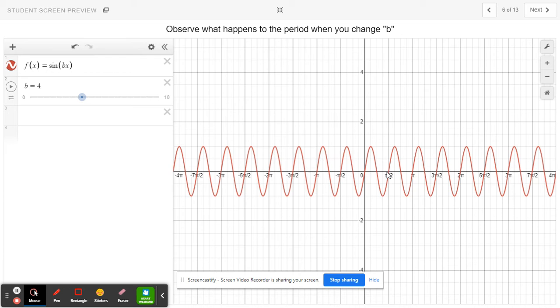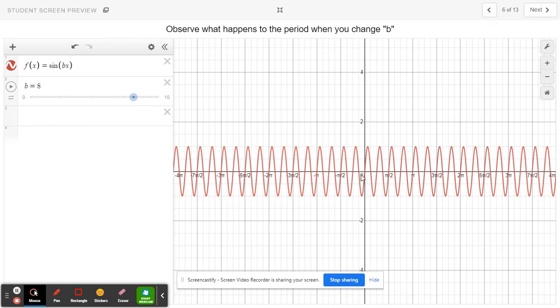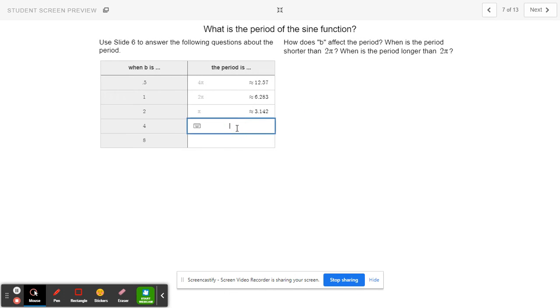Now we see that it completes in pi halves. And if b was 8, now you can see that it completes the cycle in pi fourths. So we could type those in: pi halves when b is 4, and pi fourths when b is 8.